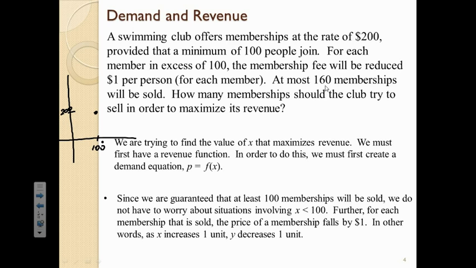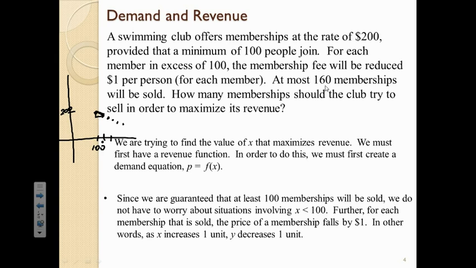This is going to be a little bit not to scale because my space is limited here. But if we have 101 members, the next one out here, the price is going to fall and go down. If we have 2 more members, or 102 members, it's going to continue to go down. And we realize that it's falling at a rate of $1 for every member. Well, then from that we can calculate the slope.